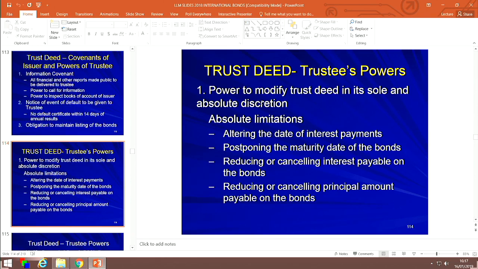And those include altering the date of the interest payments, postponing the maturity date of the bonds, reducing or cancelling interest payable, or reducing or cancelling the principal payable. Those cannot be touched by the trustee in the exercise of its powers to amend the trust deed.